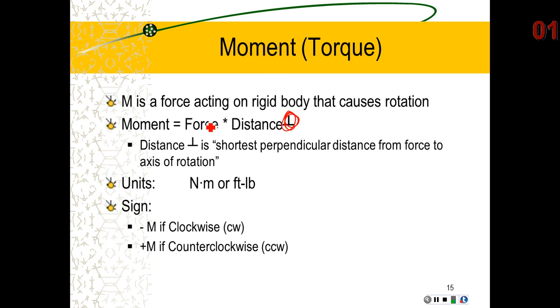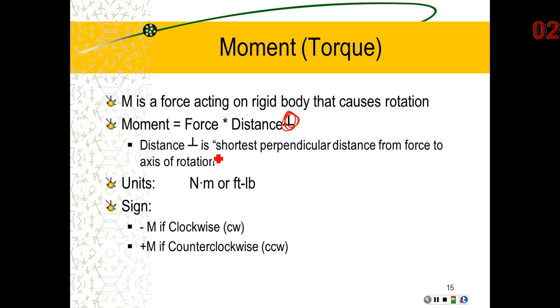The distance perpendicular is the shortest perpendicular distance from the force to the axis of rotation. So if you're opening a door, you push against the doorknob with a force, the door rotates about the hinges, and so we would be considering what moment is generated by the force acting through the distance, the width of the door, about the hinges.